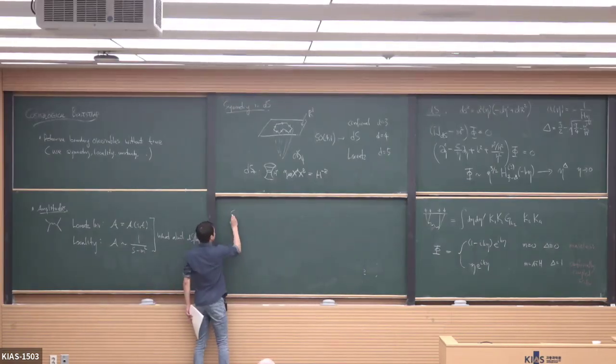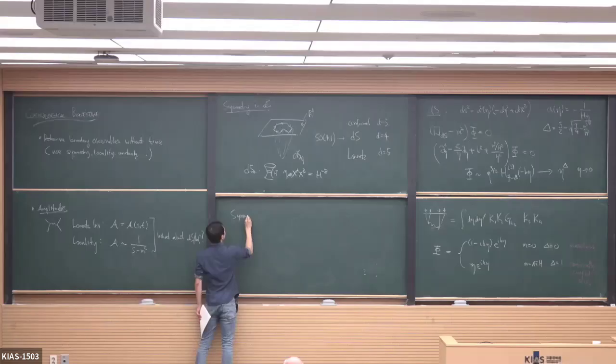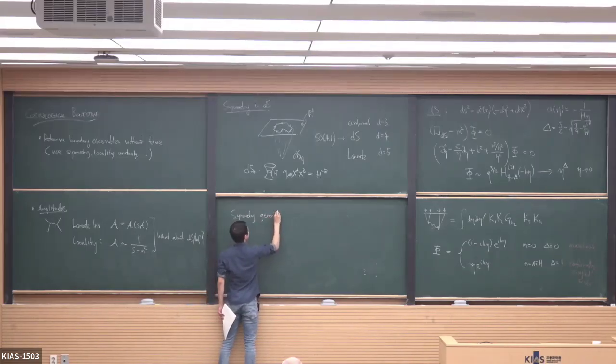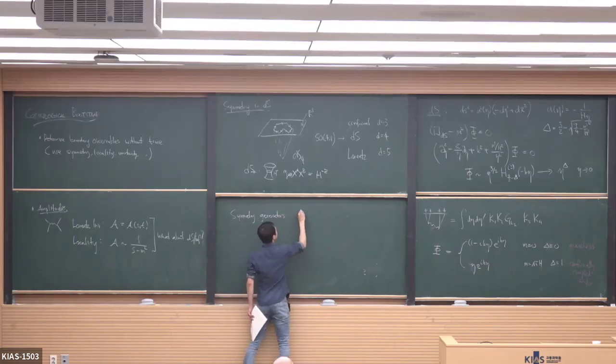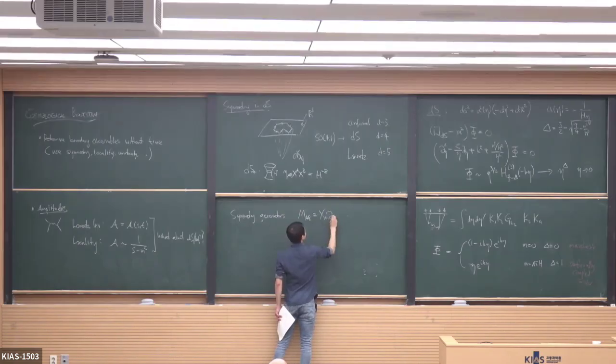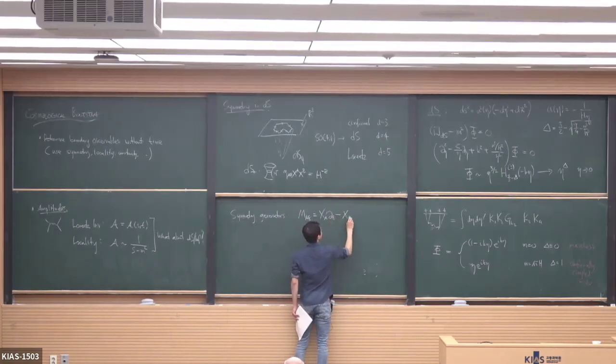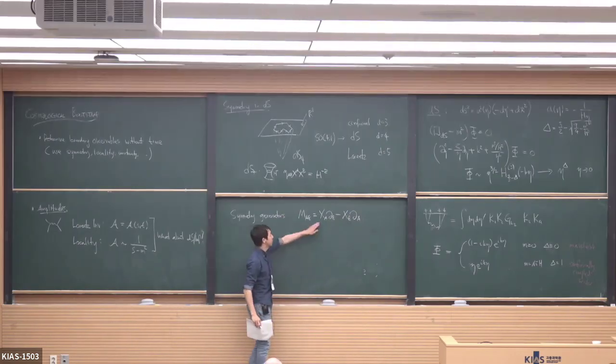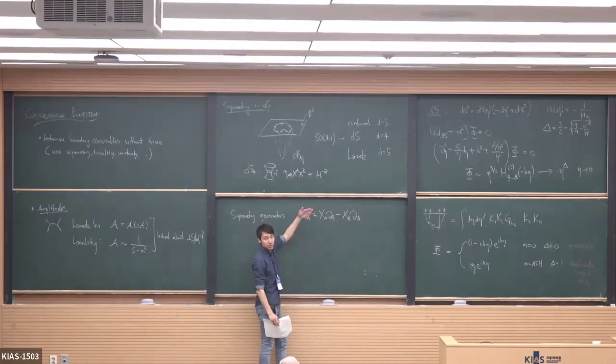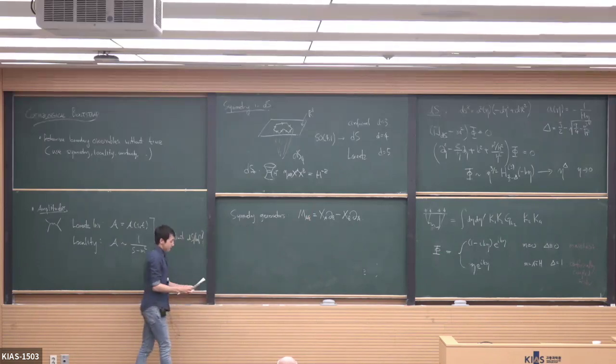So the symmetry generators are just Lorentz generators, which take this usual form given by this. Here, this capital X is the embedding space coordinate.